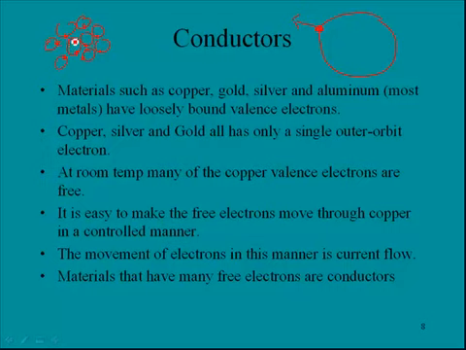They're just going to be moving around. They won't have any particular direction, but they will be moving. When we actually induce current through these, then we're going to see the movement of these electrons in a very specific direction. It is easy to make free electrons move through copper in a controlled manner.